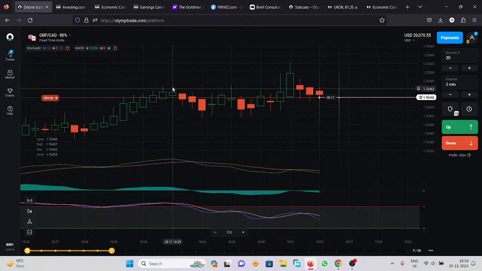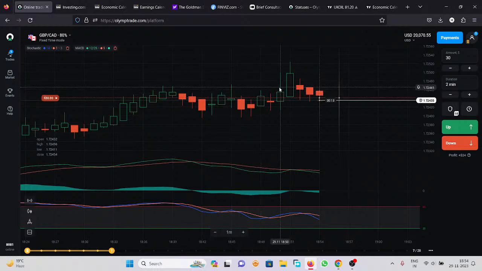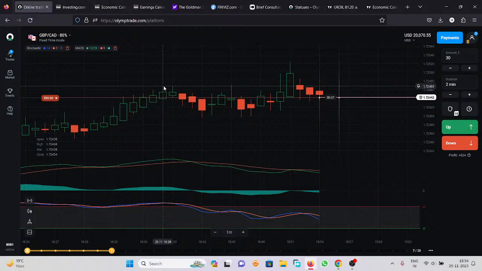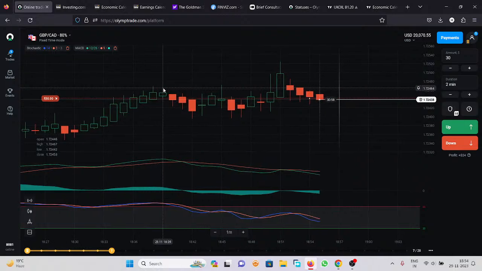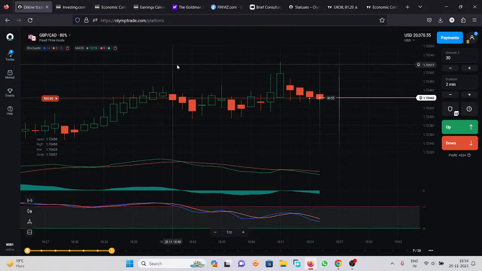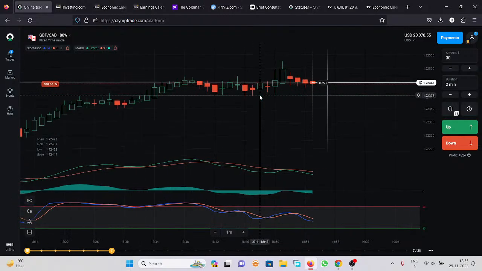One candle, two candle, three candle, four candle, fifth candle, even this sixth candle. But all these six candles are not going above this area, the first candle which I am showing you. That means this is the level of the candle. If this level is going to be changed, then the next candle should open above this candle. Then we can find maybe the way of an upper trend.